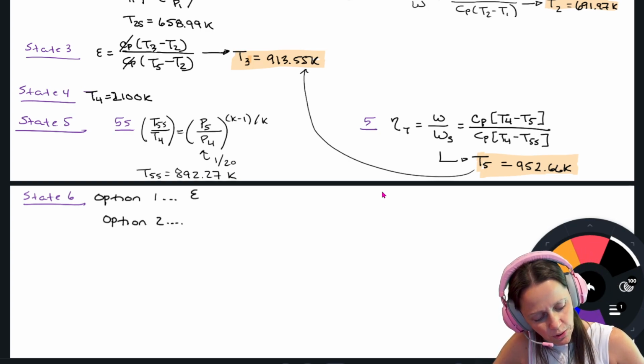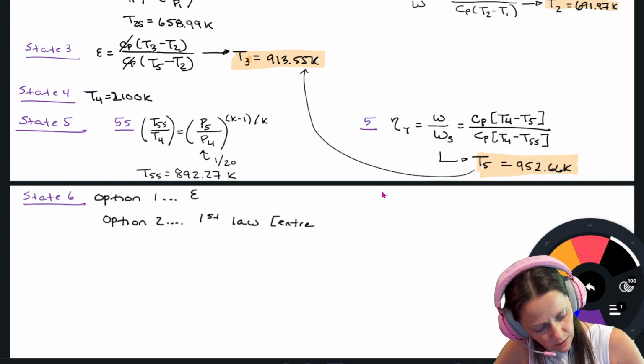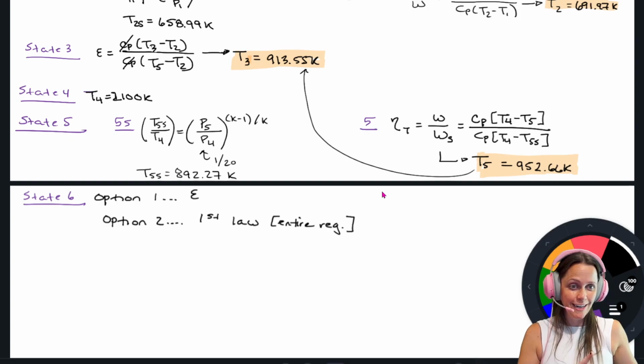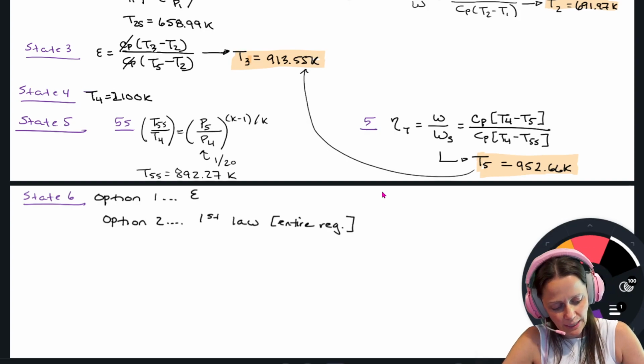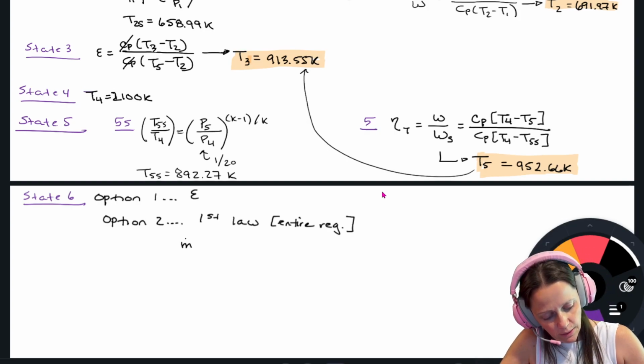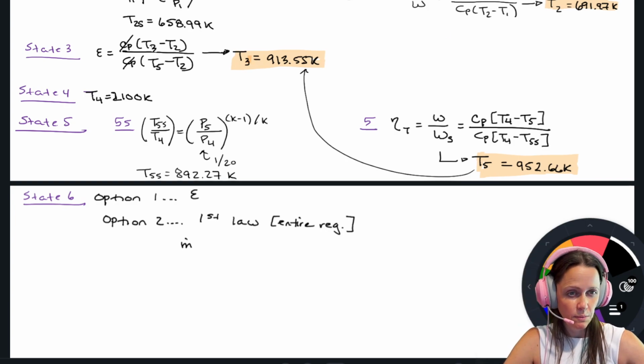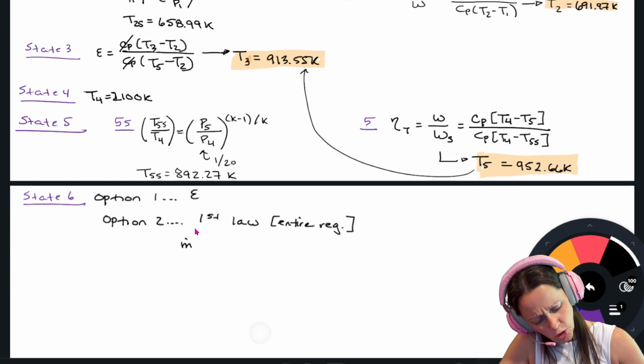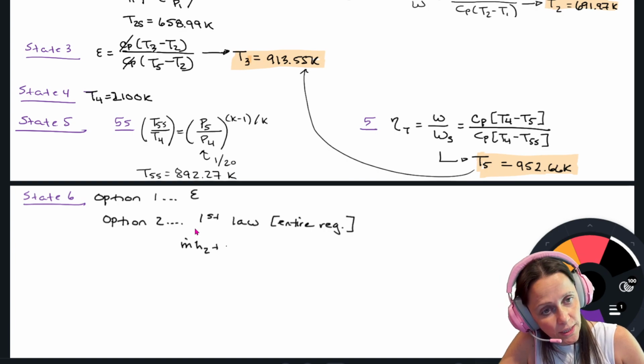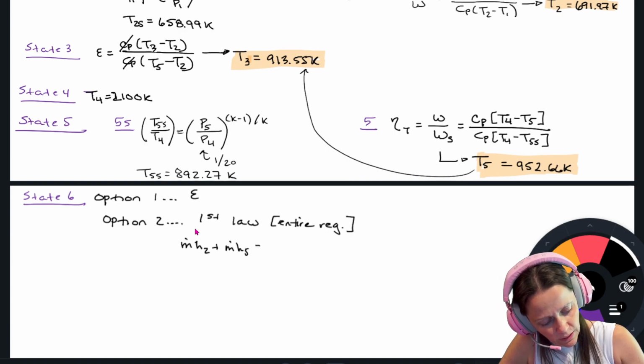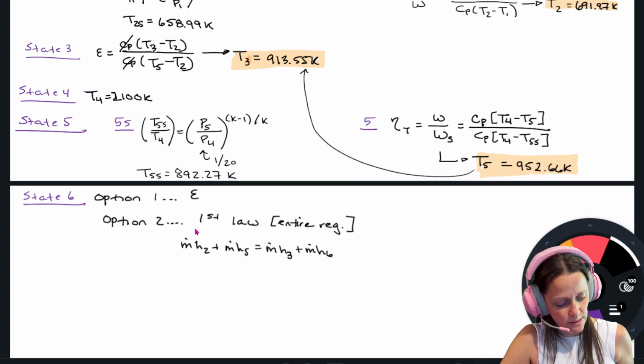Option 2, you can use your first law applied to the entire regenerator, where you have the sum of the m dot h's coming in minus the sum of the m dot h's going out. So going in, if I look at my picture here, I've got things going in at 2, m dot h2 plus m dot h5 equals m dot h3 plus m dot h6.